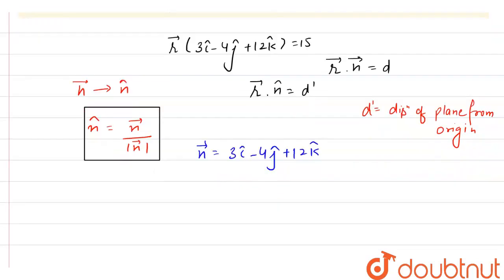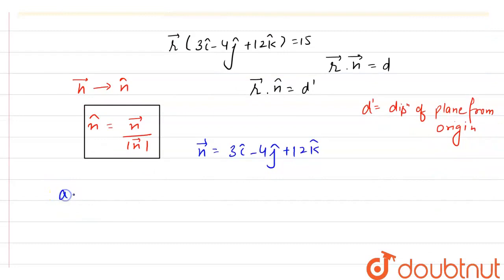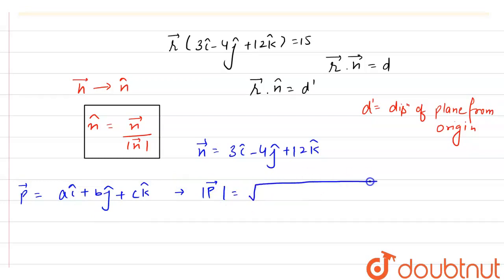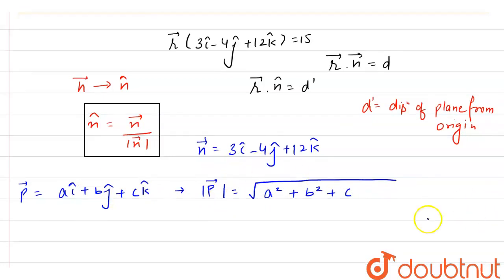Now we know that for any vector of the form ai cap plus bj cap plus ck cap, let's name it p vector, the magnitude of p vector equals the square root of a square plus b square plus c square.